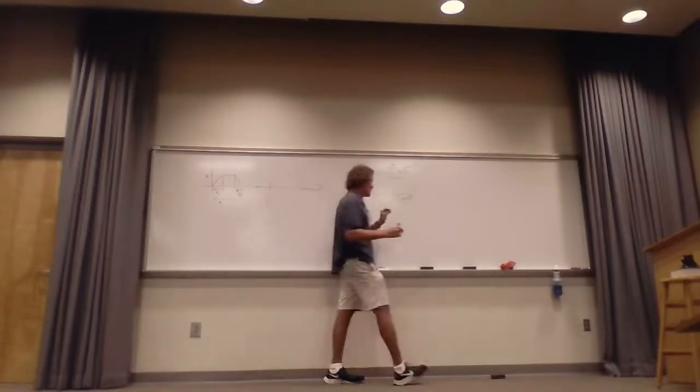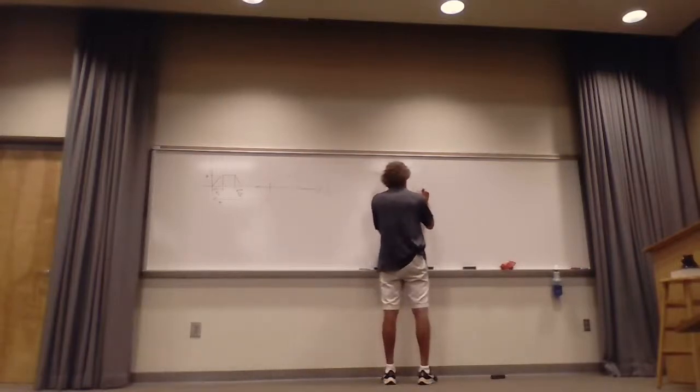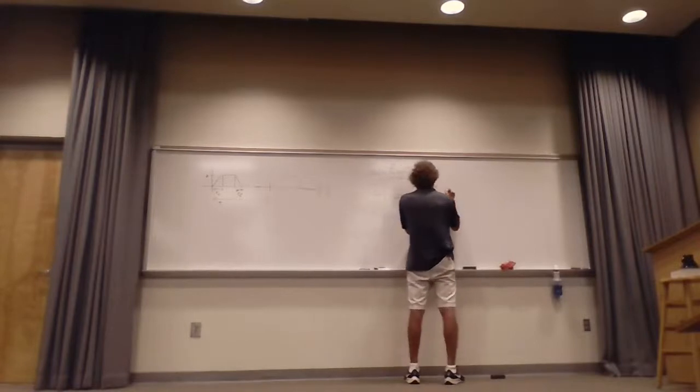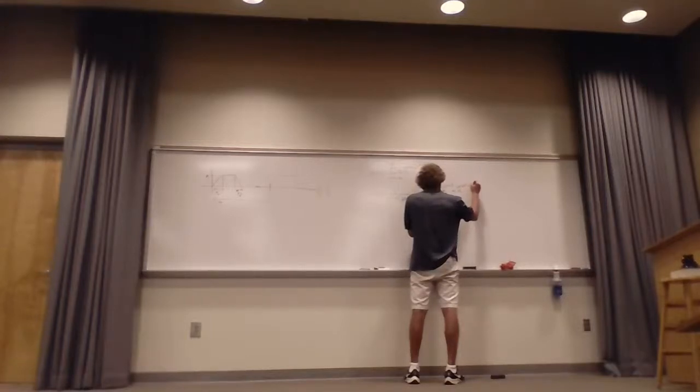And then you had 1, then minus e to the minus jn omega naught tau rise, then minus e to the minus jn omega naught tau, and then finally plus e to the jn omega naught quantity tau plus tau rise.